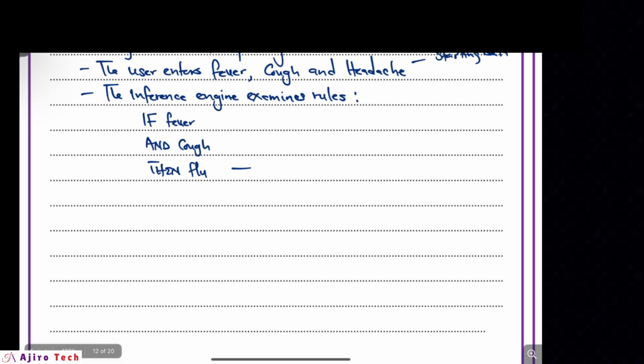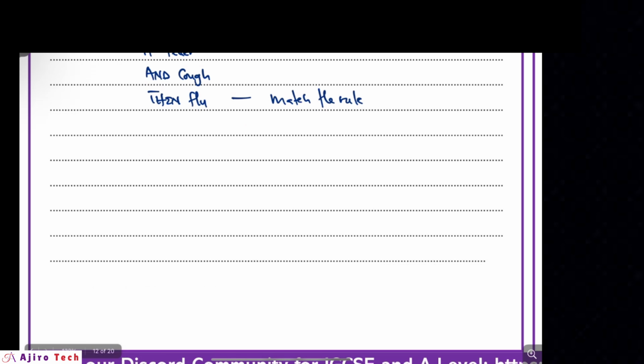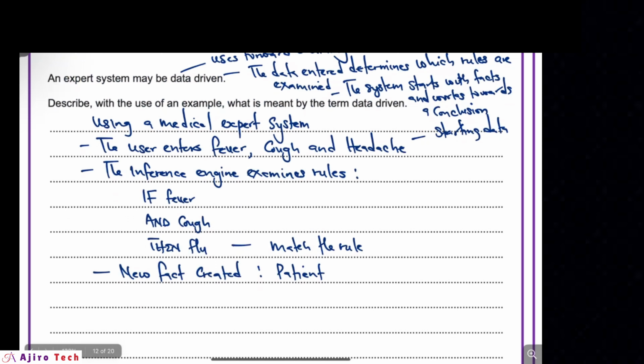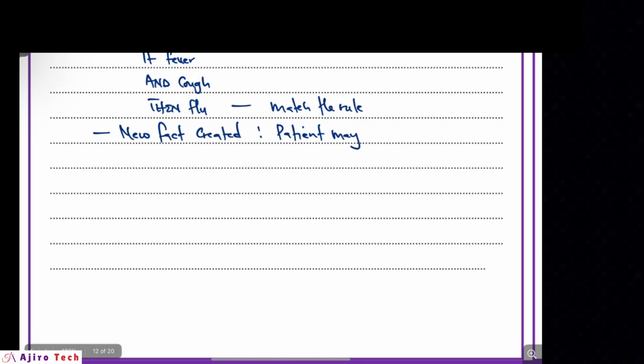So this is going to match the rule. Okay, so new facts created: patient may have flu. Are we learning?